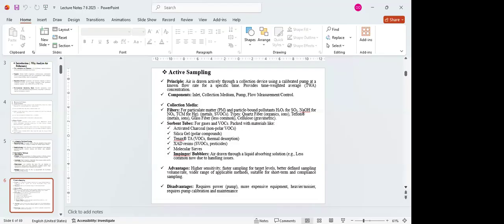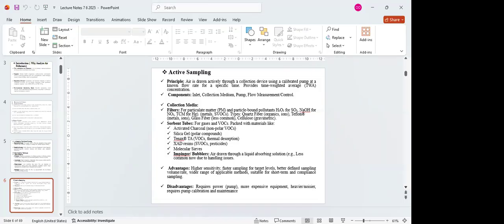Now we are using equipment that has to be powered and deployed over a time. And what does it do? It takes air in from the environment where it is, and it has to be at a particular period, duration, and location. Remember, these three are always there.